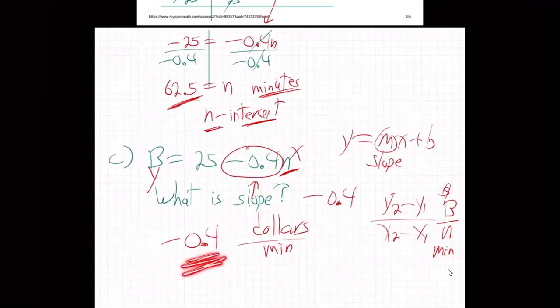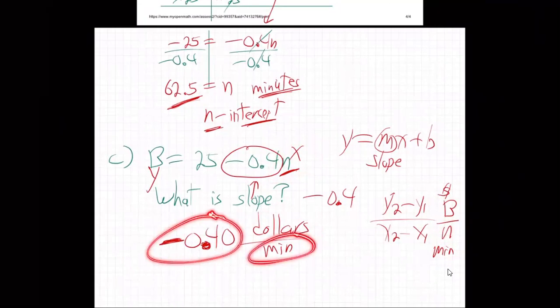So the slope is negative 0.4, in other words 40 cents per minute. 0.4 is 40 cents, right? If it helps, I can put another zero back there: 0.40, and it's negative, which means it's going down. So the balance goes down 40 cents every minute.